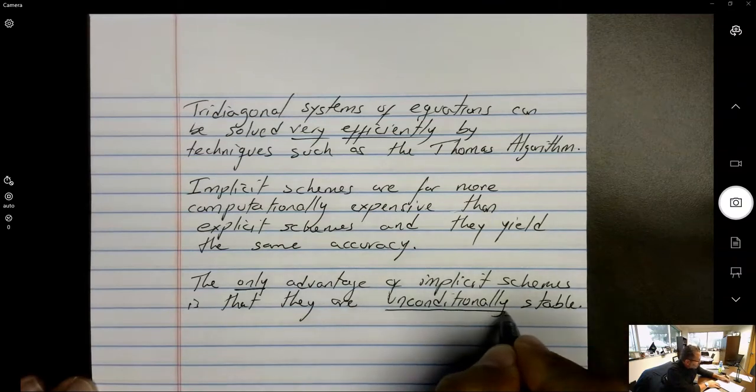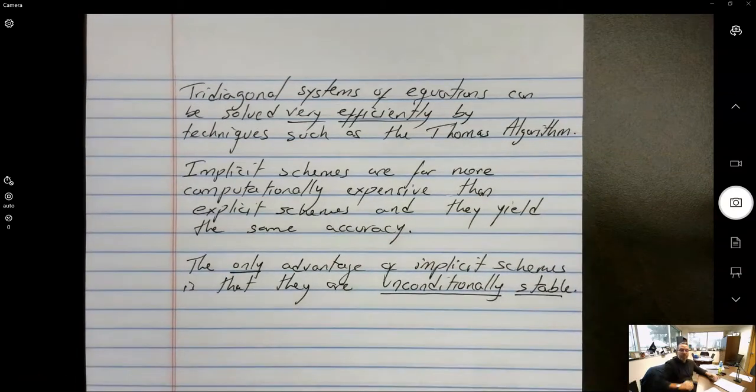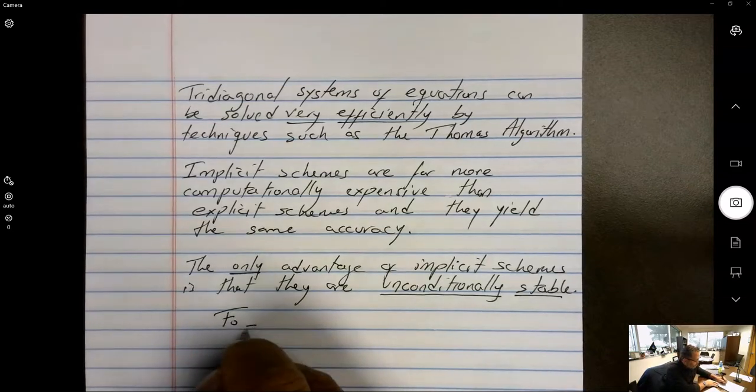They don't suffer from stability issues. You don't have to worry about the size of the Fourier number, right? So if you do a Fourier analysis, if you put in a wave in the grid distribution and let it evolve in time, any errors in the wave, actually any peaks and troughs in the wave, would compress to zero, will diffuse to zero, regardless of what the Fourier number is.